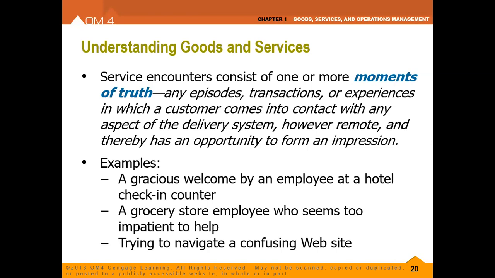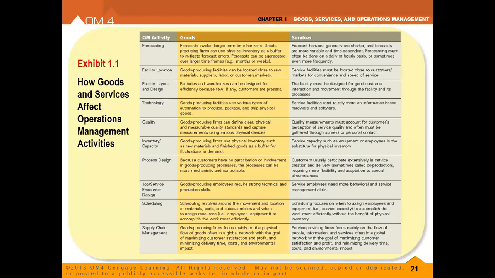For business class, they'll give you champagne and serve you a hot towel to refresh yourself. So these are things that affect our impression of the service provider or service encounter. I'm not going to read over this.